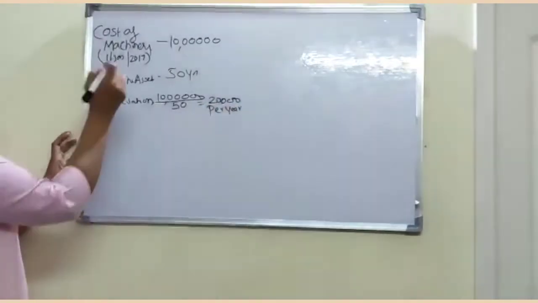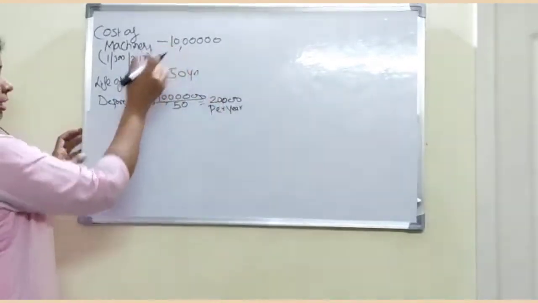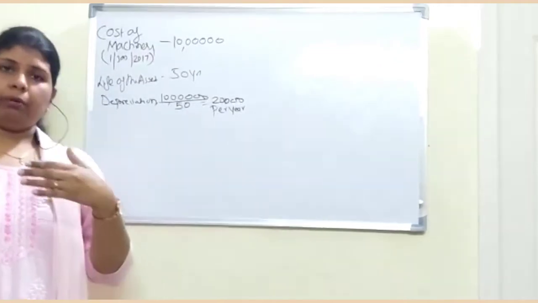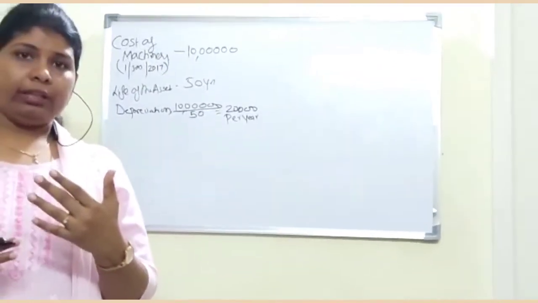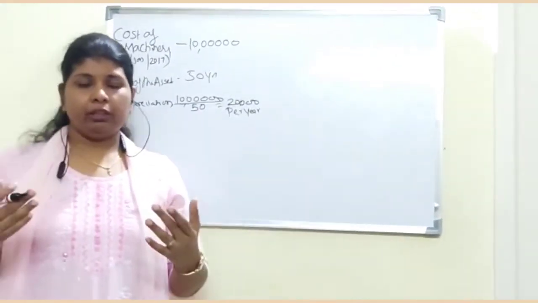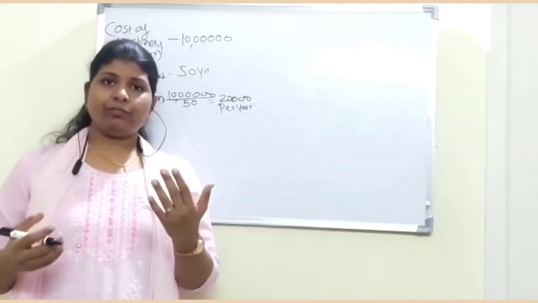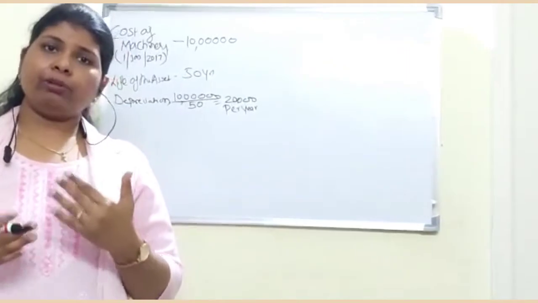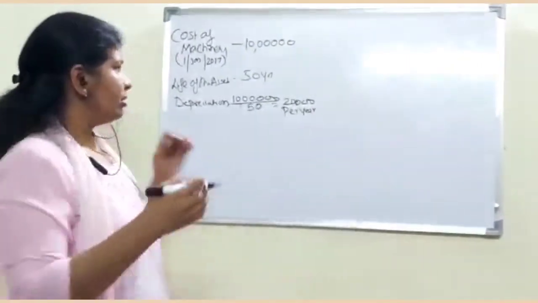If I give depreciation of 20,000 per year and after 2 years the company decides to take a revaluation model, then what will be the effect the company will have to give in the books of accounts, that we are going to see.